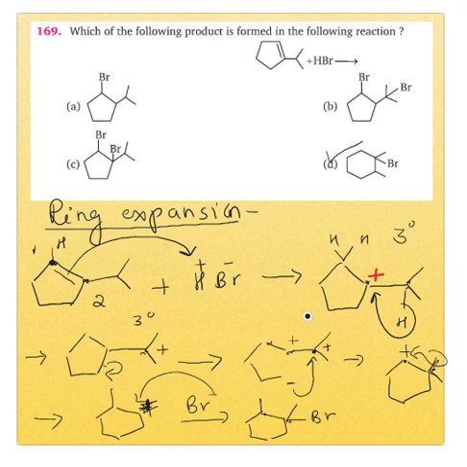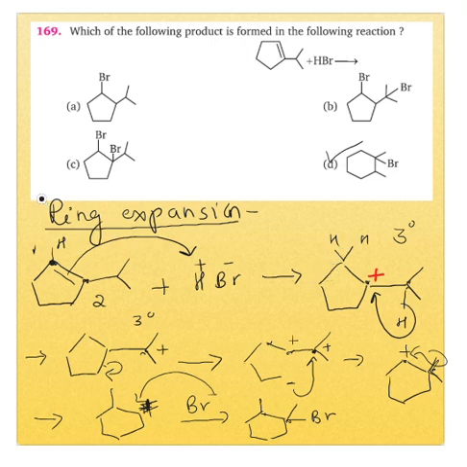Just by rotating, you can get the same molecule. So don't get confused that I have generated a different molecule. They are one and the same. You just need to observe the molecules and compare them.